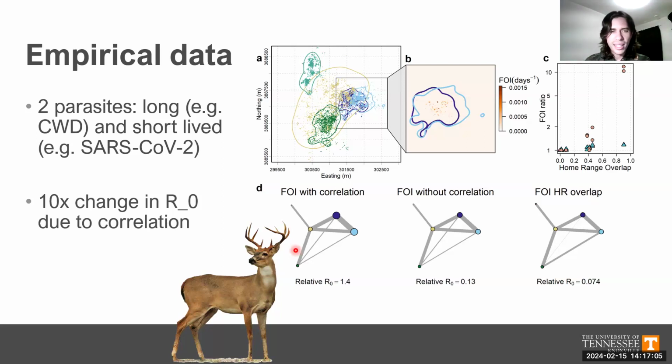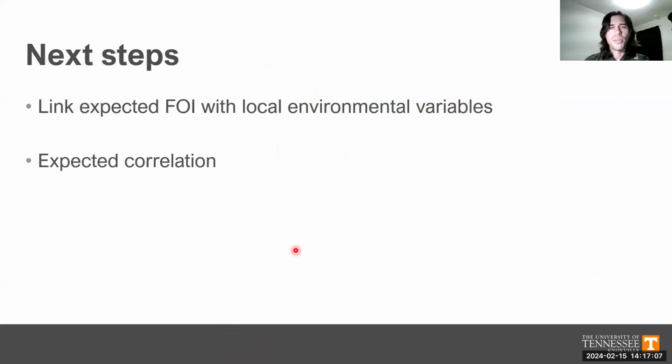So something that we like about this method is that we have shown that for some diseases where the parasite persists long in the environment, you can actually have a very good approximation of the expected FOI across the landscape, based solely on the utilization distributions when you can assume safely that movement is independent between individuals.